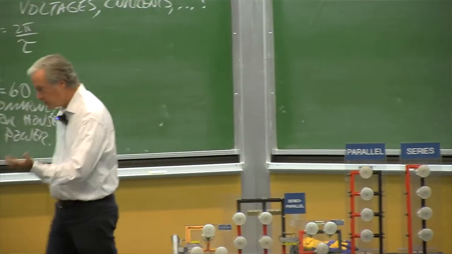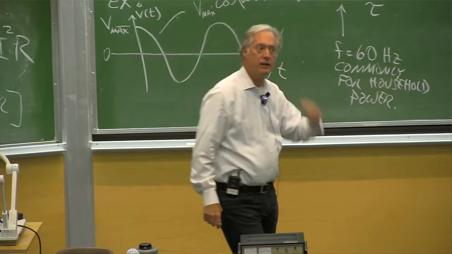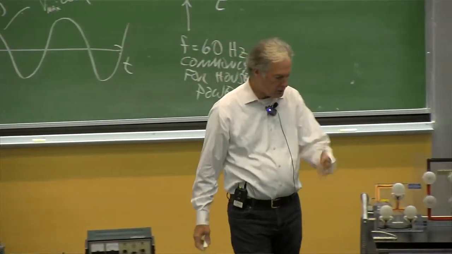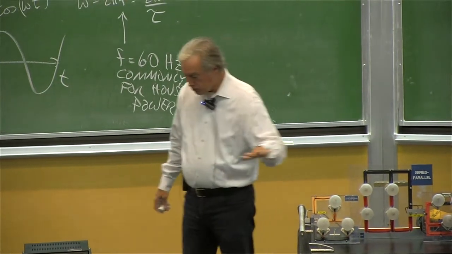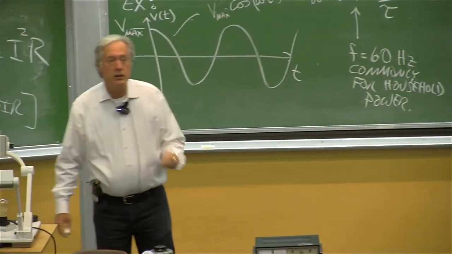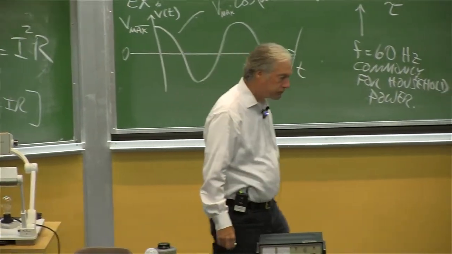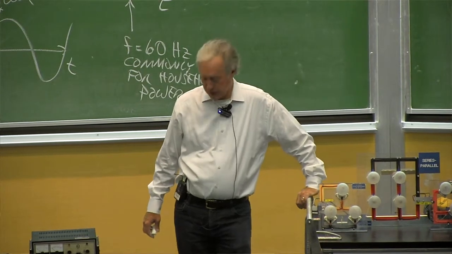At 60 cycles per second, you can hear a hum. If there's something loose in the wires, and there's enough magnetic force involved somewhere to move the wires, then you'll hear a little hum at 60 cycles. But your eye doesn't really see it for a lot of phenomena.